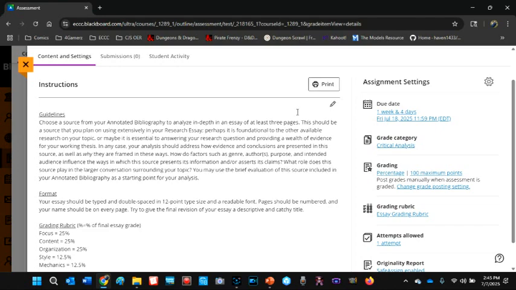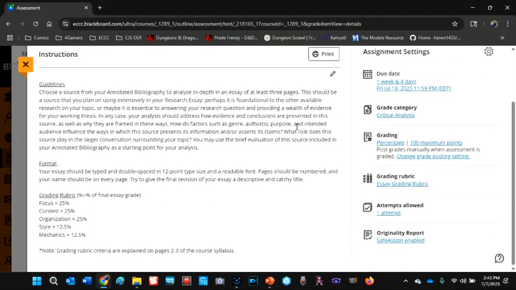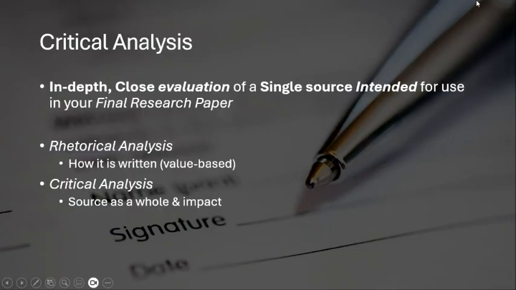Okay? That's the real reason why we do rhetorical analysis. We do critical analysis because we want to make sure, number one, our sources are good, but number two, we want to make sure that we are being an active part of this, not just one random, off piece. So, like I said, you're going to choose one source and you're going to closely evaluate it.